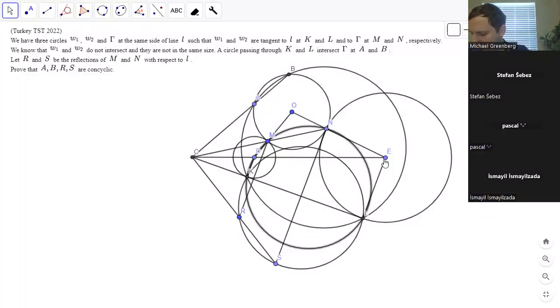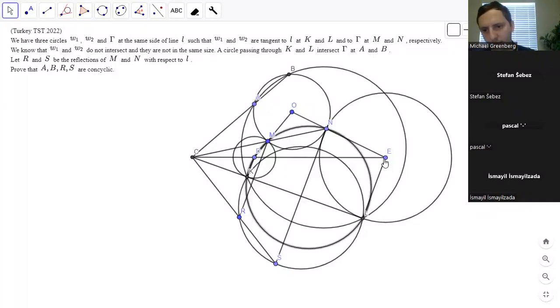Right, so you have angle DMK plus angle OMN. We want to show that equals angle NLK.